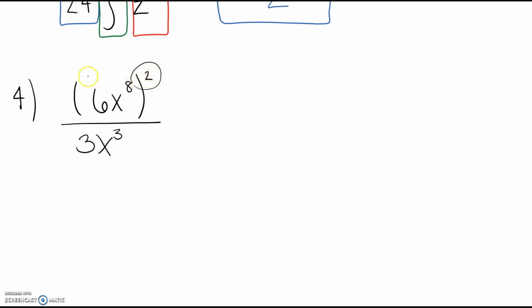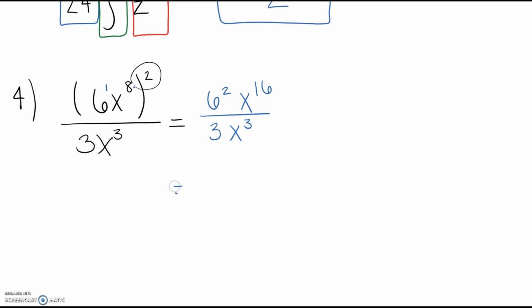We first have to simplify the numerator. So to simplify the numerator, we can use the power property. So this will become, remember if this is 6 to the 1st, 6 squared, and then we do x, and we multiply 8 times 2, which is 16. The denominator can stay as is.